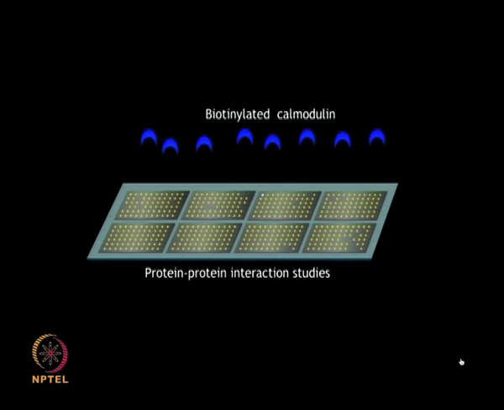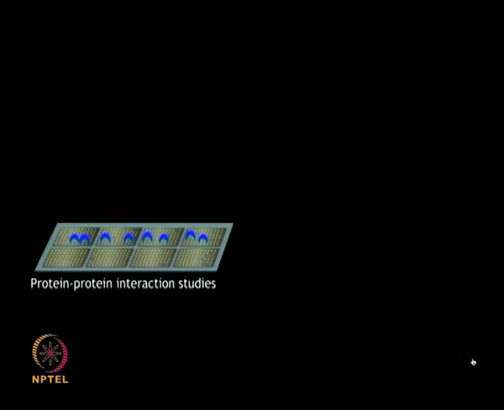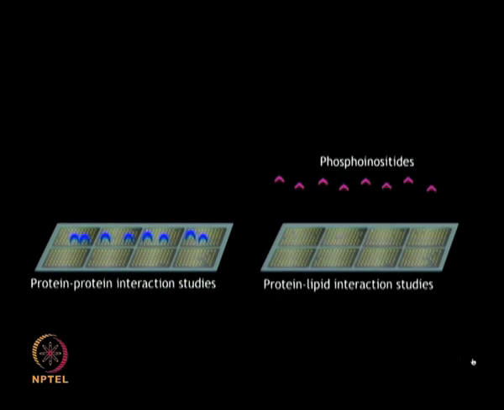To understand the potential applications of such whole proteome arrays, the authors screened the immobilized proteins for protein-protein and protein-lipid interactions. They used biotinylated calmodulin in the presence of calcium, and phosphoinositide liposomes, respectively.